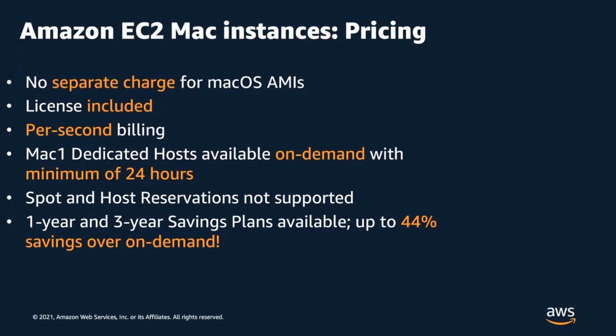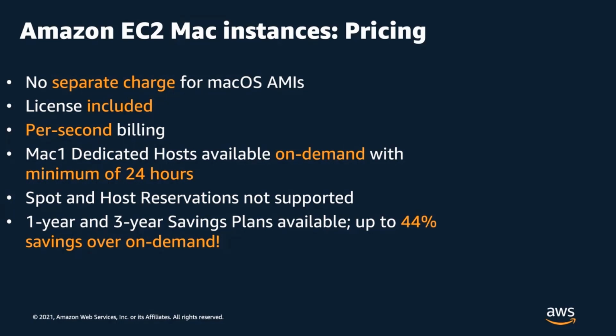As Ravi mentioned earlier, we do have a minimum allocation duration of 24 hours for EC2 Mac hosts, and the billing granularity is on a per second basis. So when you allocate a Mac1 dedicated host in your account, that is when the billing starts.